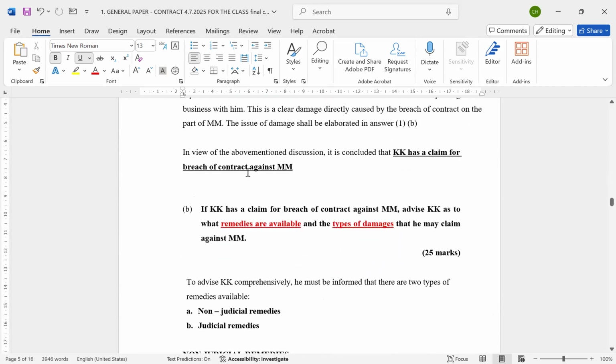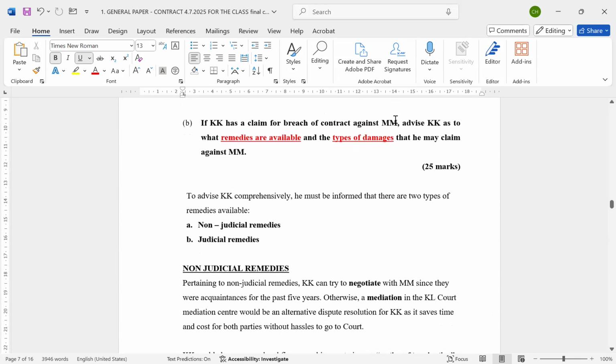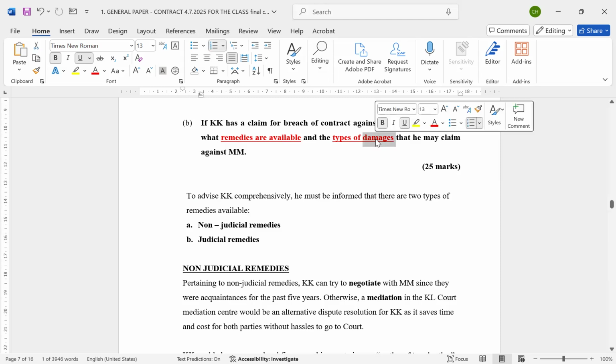So second question. If KK has a claim for breach against MM, you are further to advise KK as to what are the remedies available and the type of damages. Damages and damage are not the same.